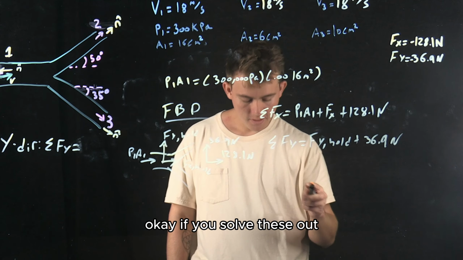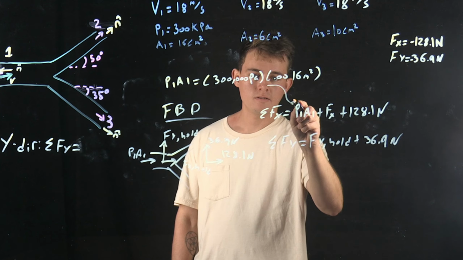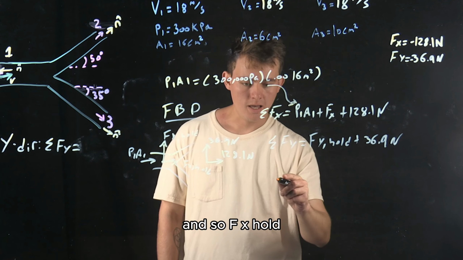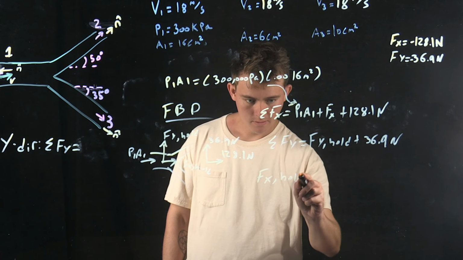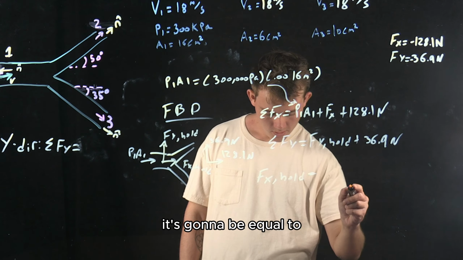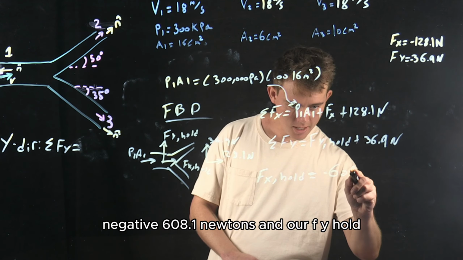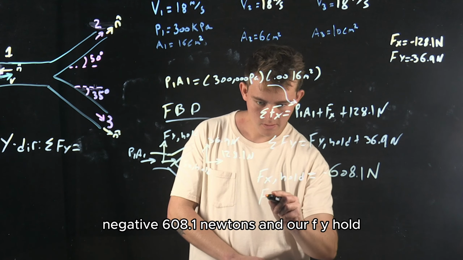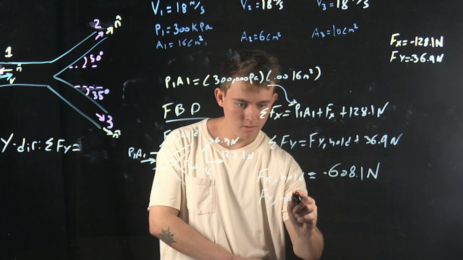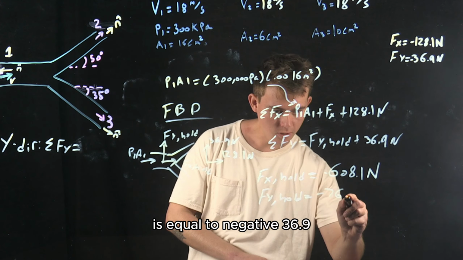Okay, if you solve these out, remember this P1 A1 is just this right here. And so Fx hold is going to be equal to negative 608.1 newtons, and our Fy hold is equal to negative 36.9 newtons.